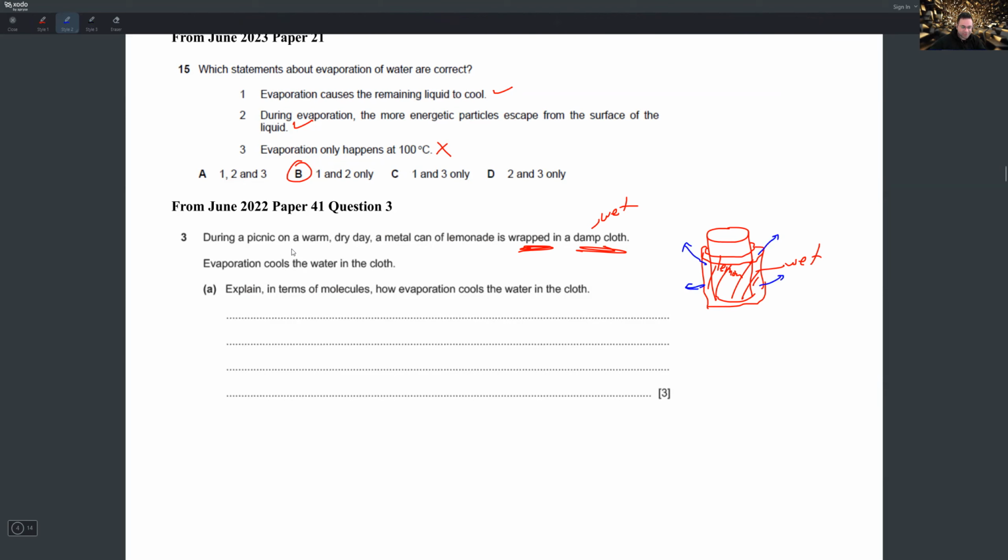And as the water evaporates, the temperature of the cloth decreases. So what will happen to the lemonade? It will also cool down. Why? Because it will start losing heat to the cloth.